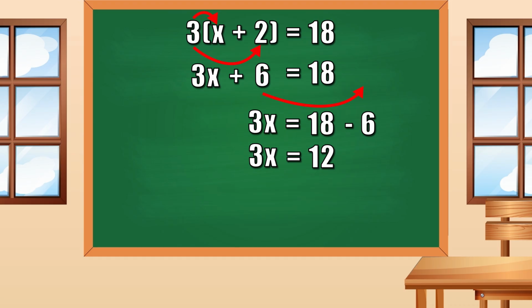To do that, of course, as we have seen, we will divide 3x by 3. 3x divided by 3 will cancel out 3. And we should do the same operation on the other side. 12 divided by 3 is equal to 4. So our answer is x is equal to 4.